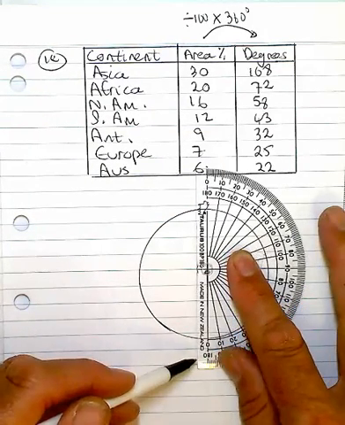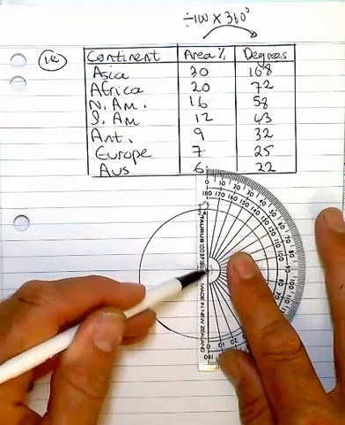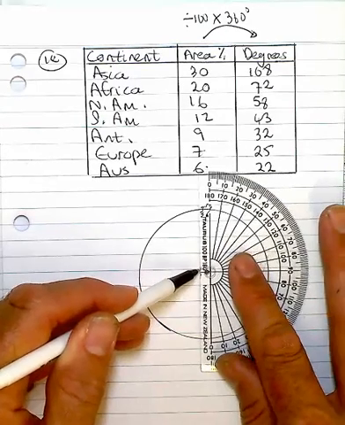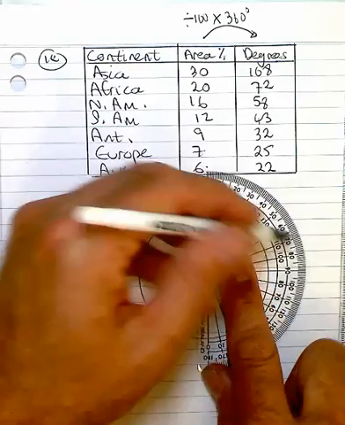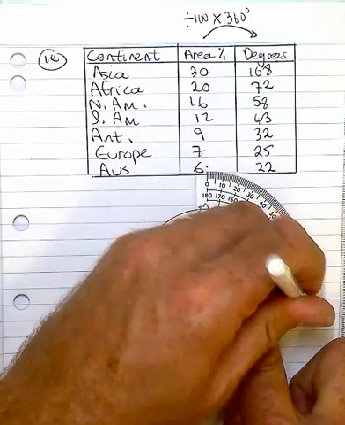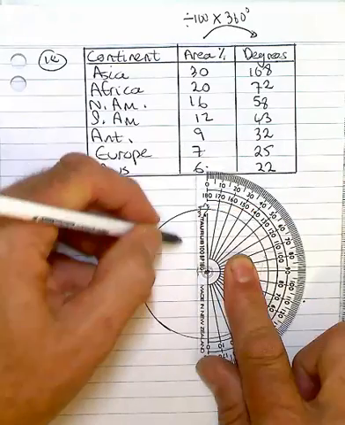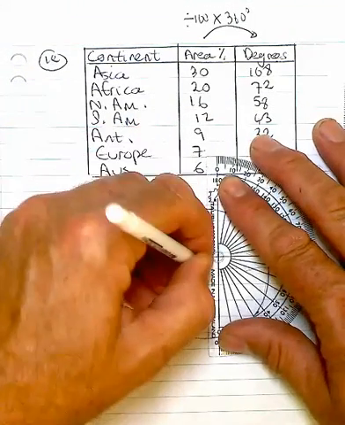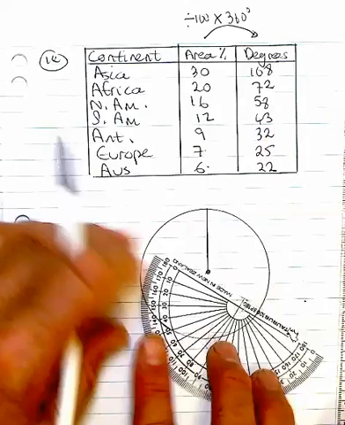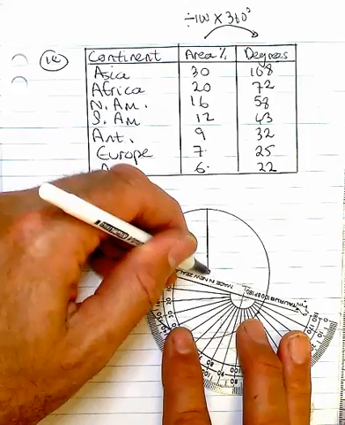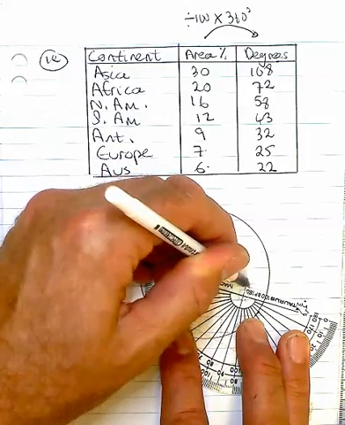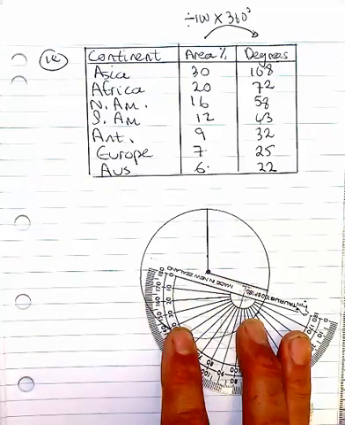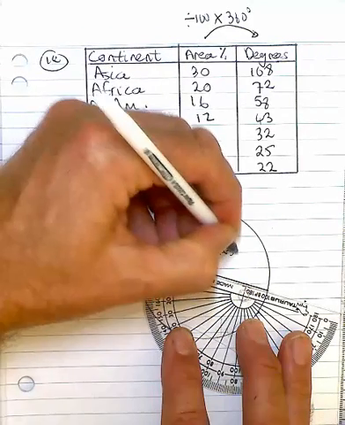What I'm going to do here, I'm just going to locate the dot in the middle of my circle at the crosshairs, and then I'm going to go around to about 108 degrees and put a little dot. And I'll arc to 12 and then map out, drawing a line, not all the way to the dot I drew there. And that's for Asia.